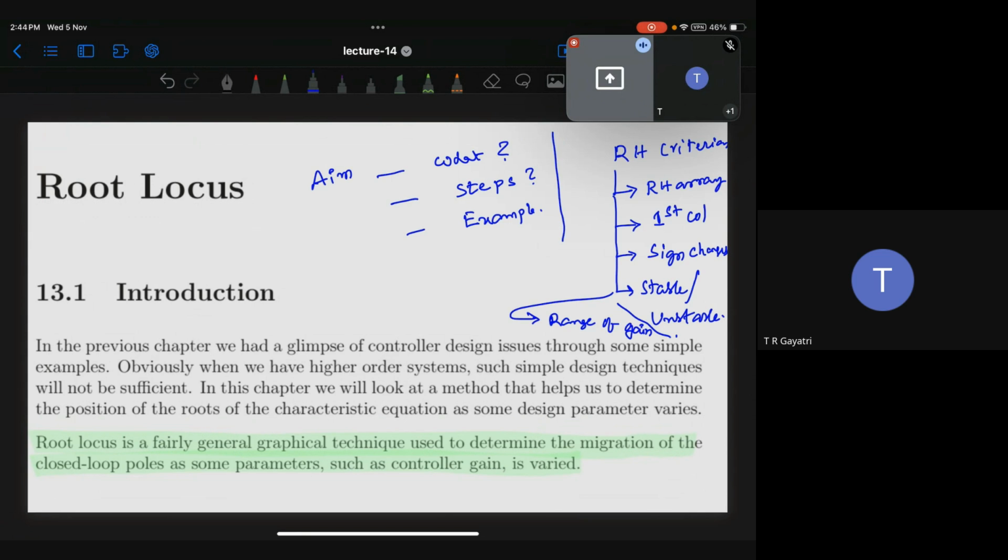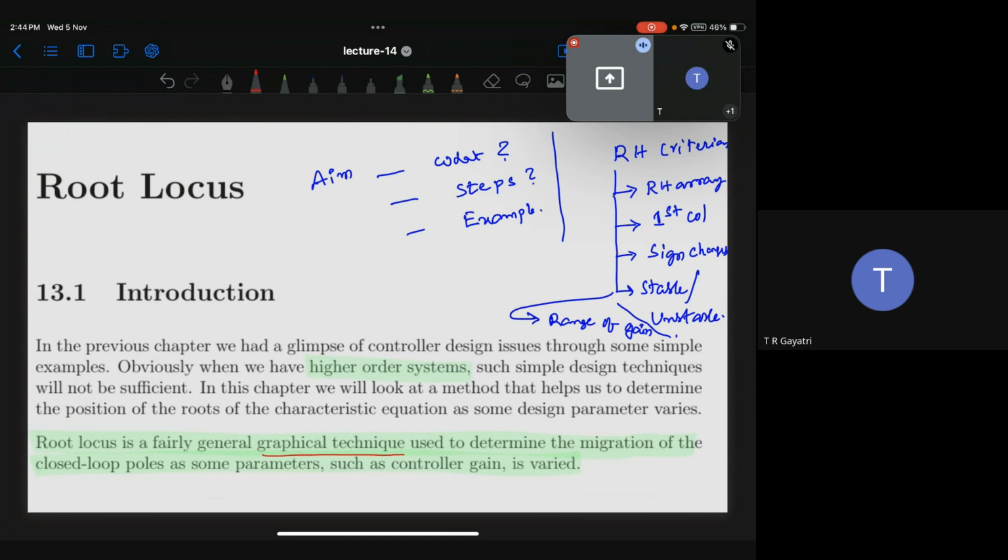Whereas if you have higher order systems, the question is, how can you design controllers for systems of higher order? This root locus technique is going to help us to specifically design, alter or modify the roots of the system. Basically this is a graphical technique which you can use to determine the migration of the closed loop poles.